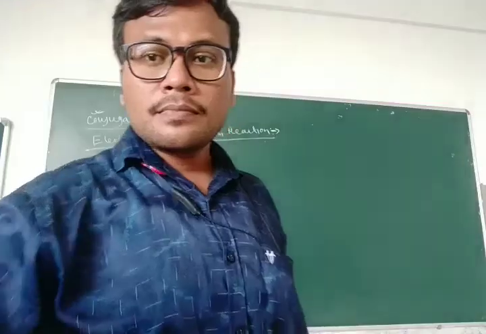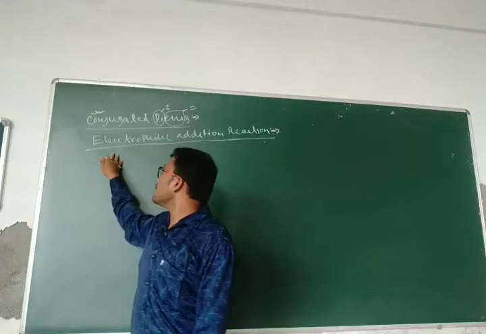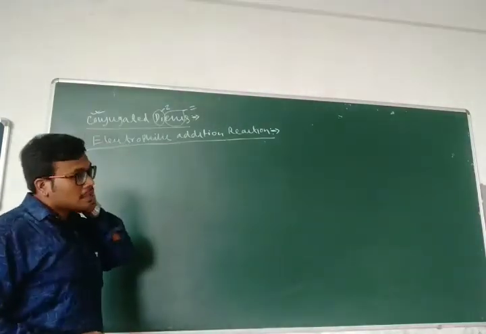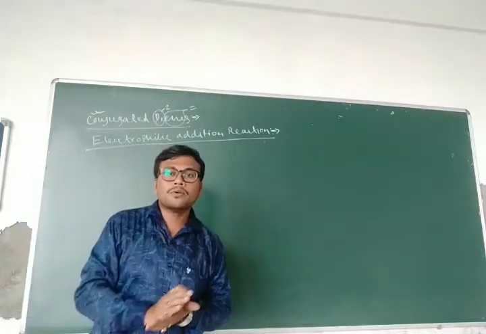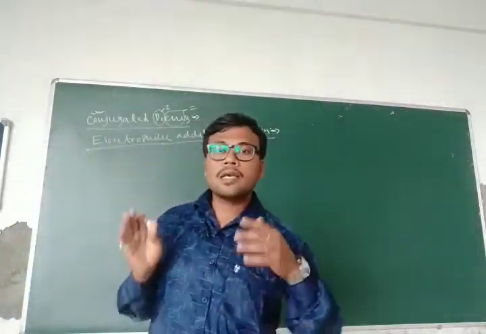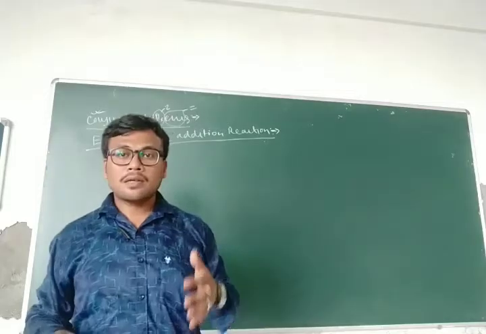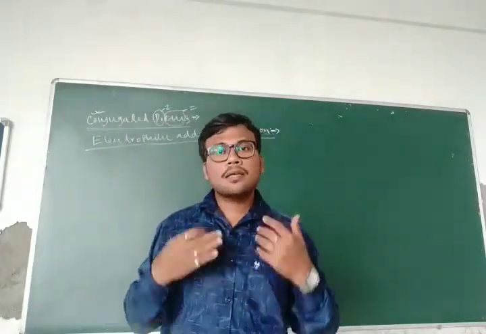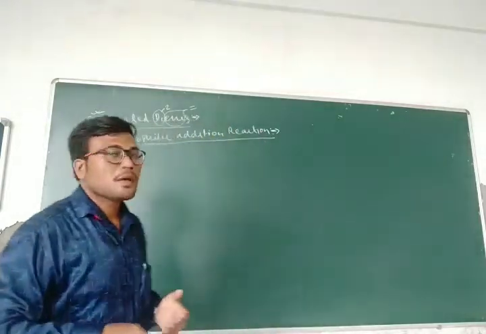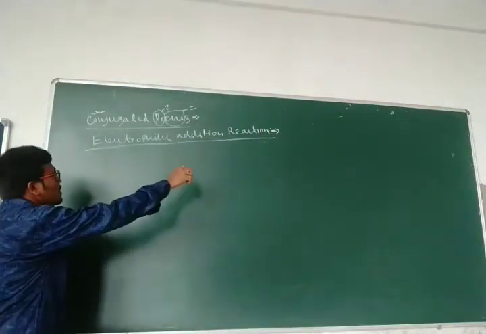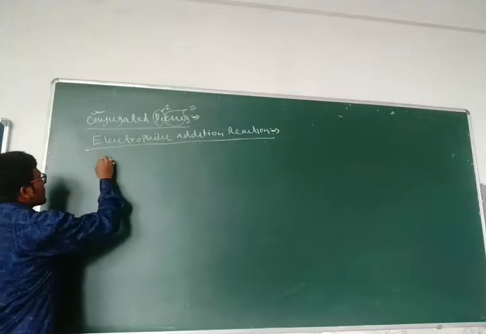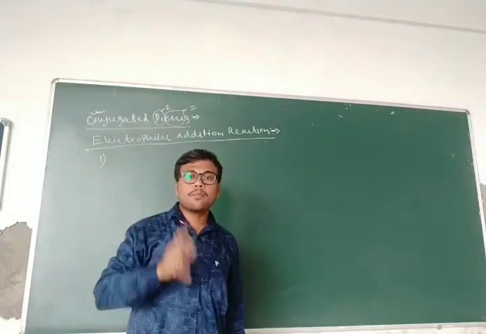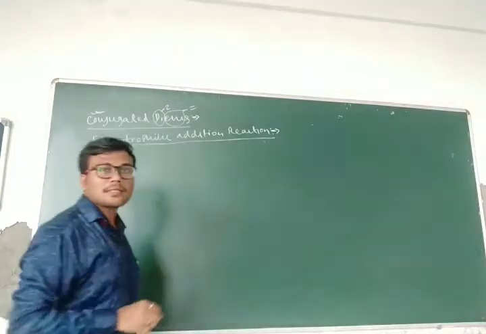The next chemical reaction is the electrophilic addition reaction. Electrophilic addition reaction means that a compound which is electron deficient participates in the chemical interaction. The example of electrophilic addition is one diene and one bromine.